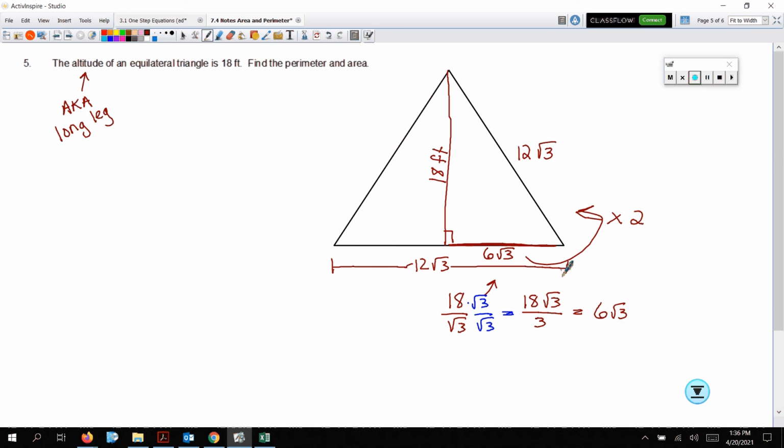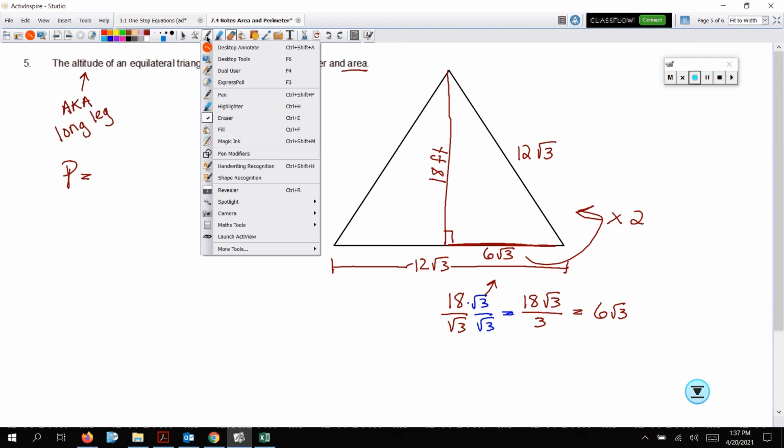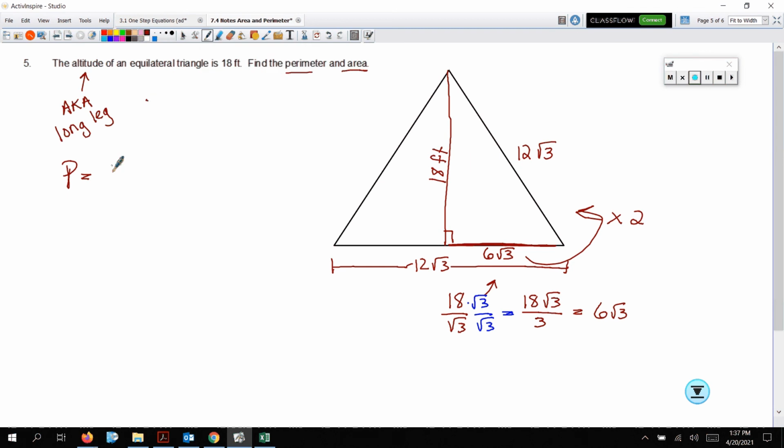Now we can plug it in because we need to find the perimeter and the area. Perimeter is just adding all the sides up together. So let's do 3 times 12√3.